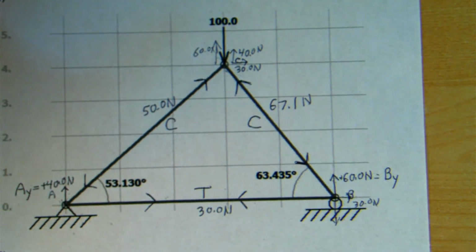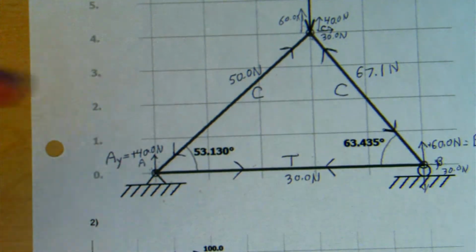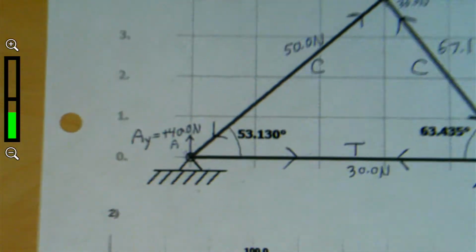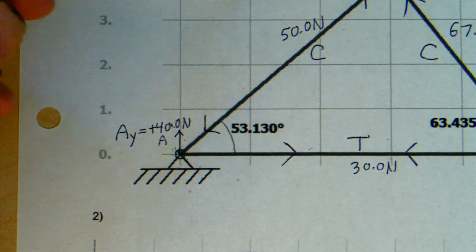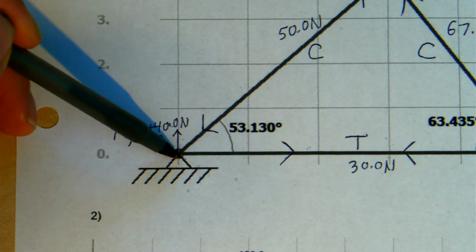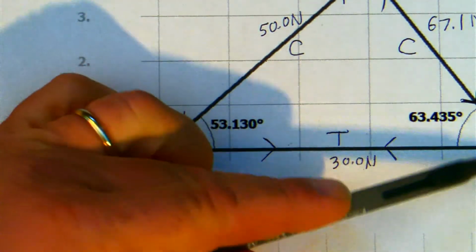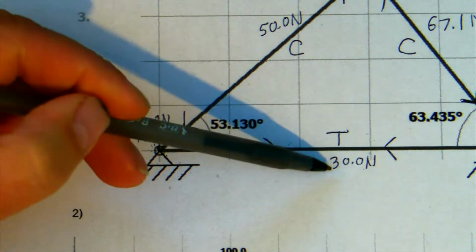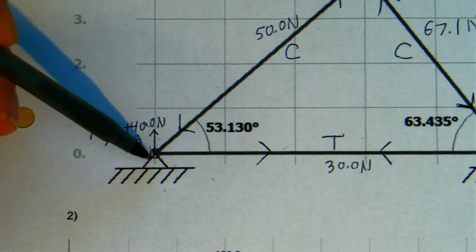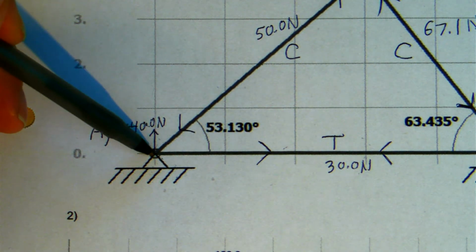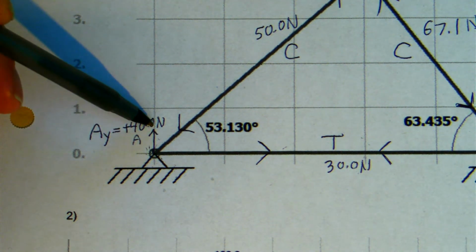We're done. But just to make you happy, if you like, you can sort of focus in on point A and verify what's going on. So on point A, member AB is pulling A to the right with a force of 30 newtons. The ground is pushing up through point A with a magnitude of 40 newtons.